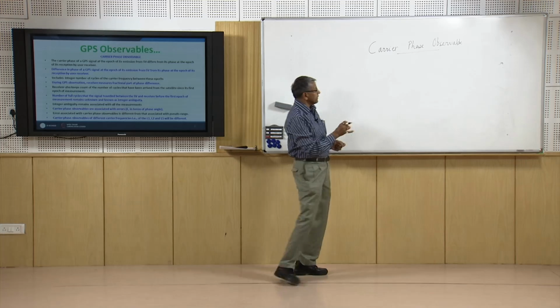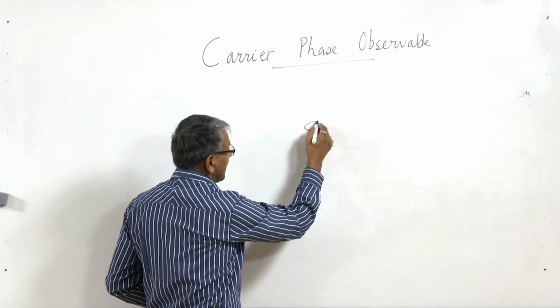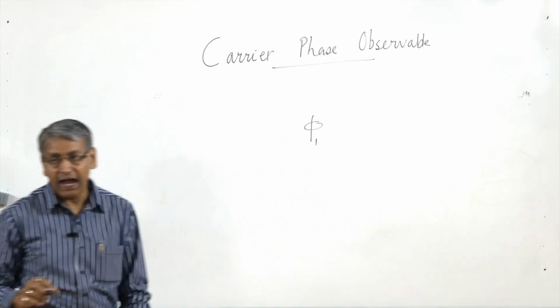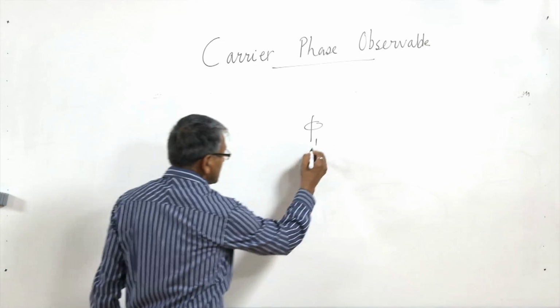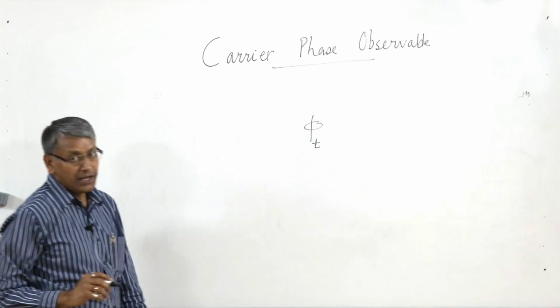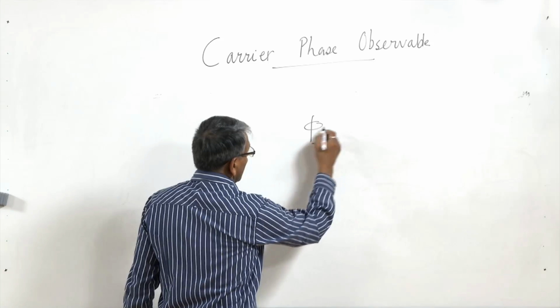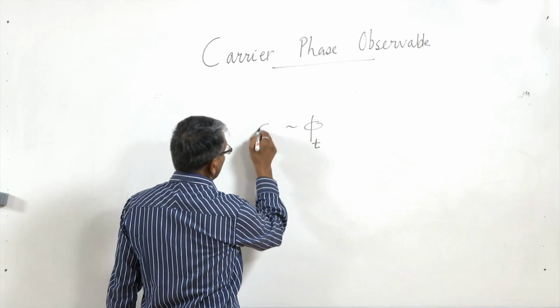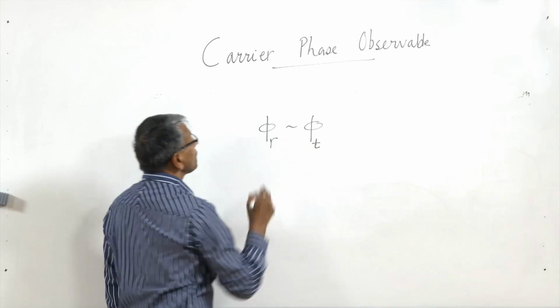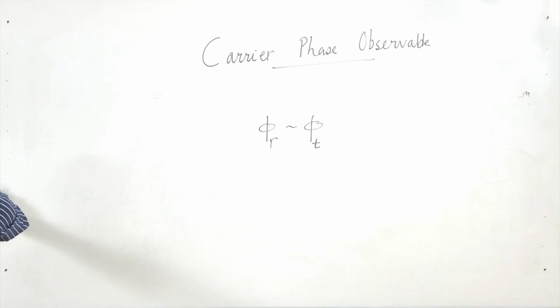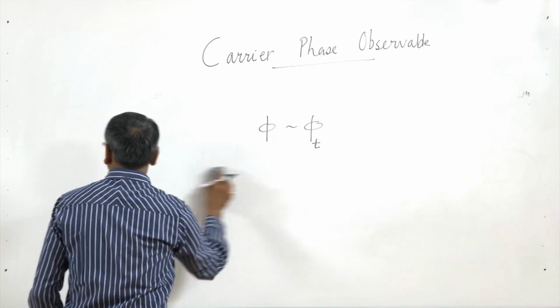So we will find that there is a phase at the time of transmission, say phi t, and a phase at the time of reception.